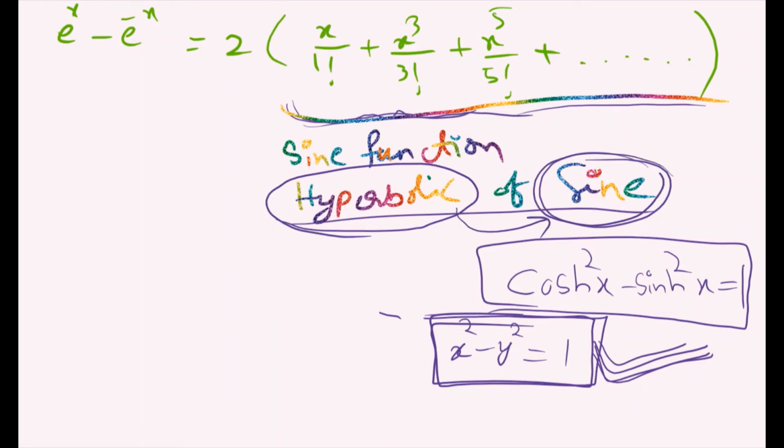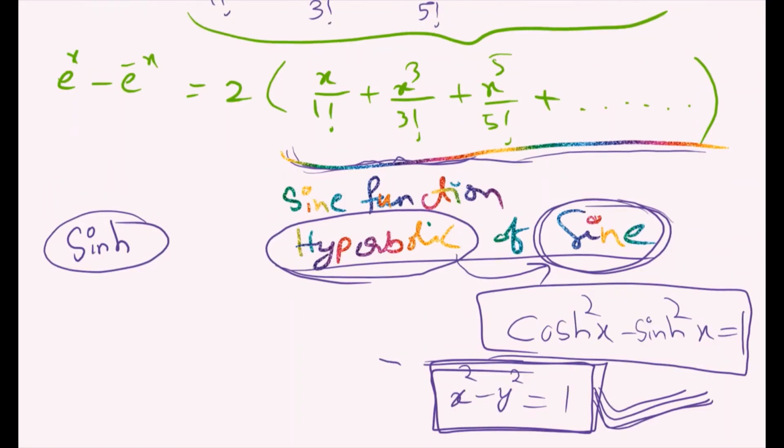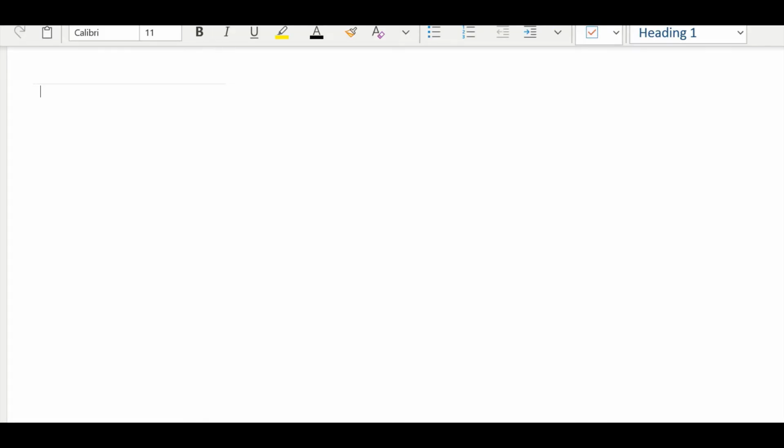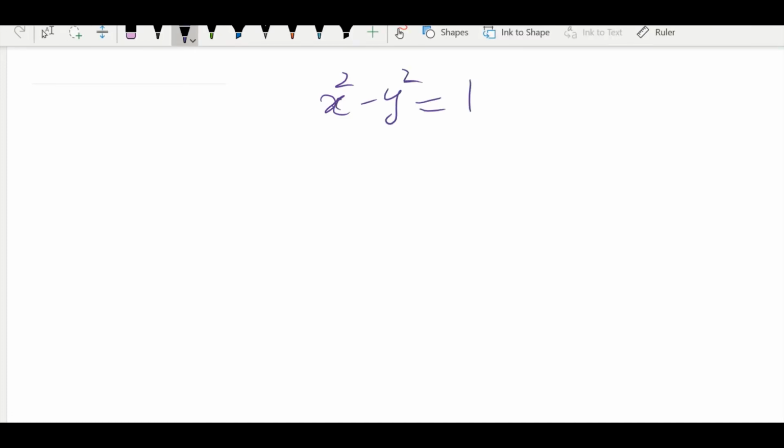And instead of writing just sine, they gave the notation sinh. If I plot the graph of x square minus y square equals 1, what I get is a hyperbola.